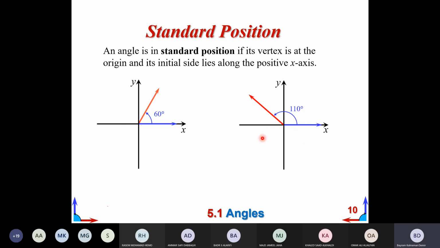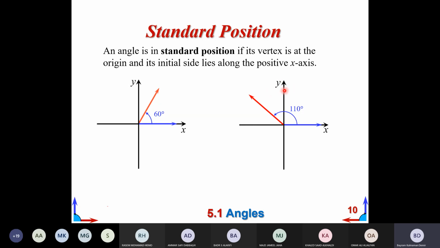But how about 90 degree, for example, Shabab? Who's going to tell me where is 90 degree? Is it in the first quadrant or second quadrant? It's on the y-axis. The terminal side is exactly on the y line. So can you say it is in the first quadrant? No. Second quadrant?